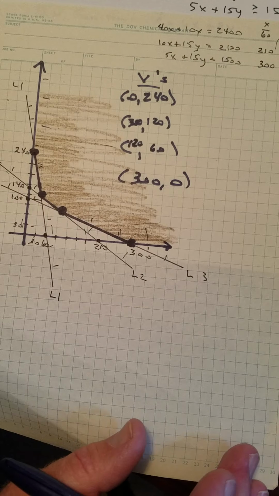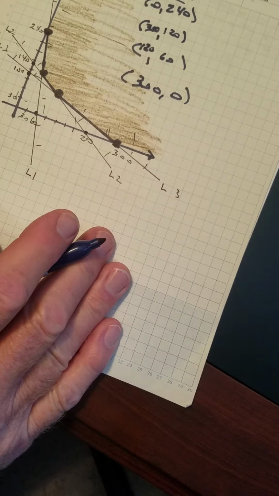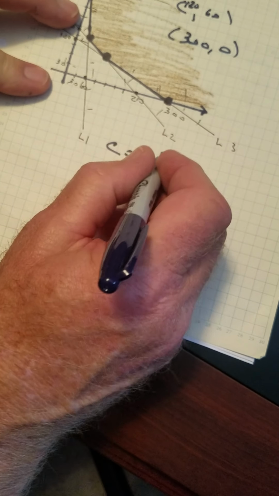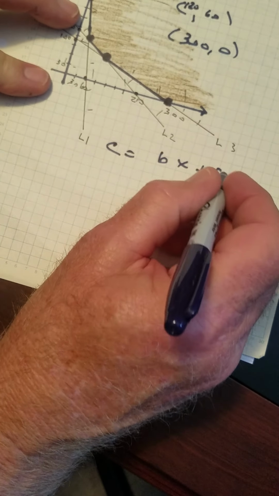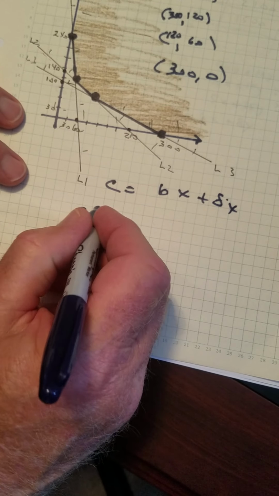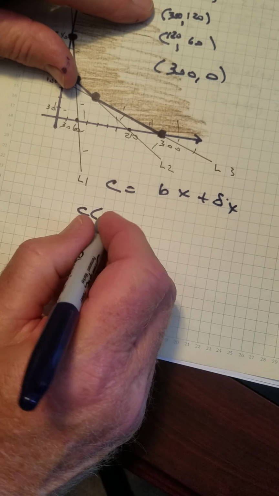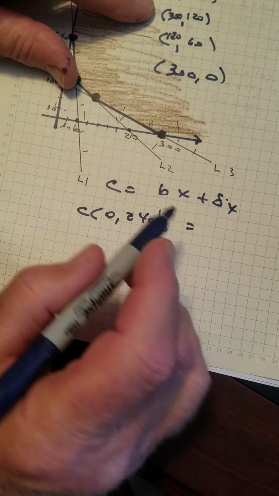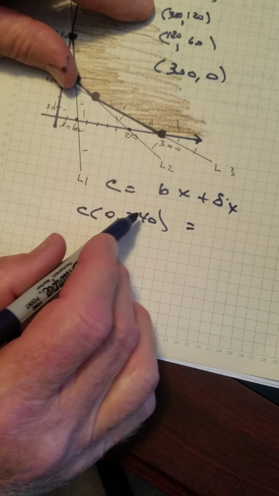Okay, now that's all the hard work. My cost function, if you go back, my cost is simply 6x plus 8y. So I got to find the cost at the first point up here, which was 0, comma, 240. That's going to be 6 times 0 and 8 times this.